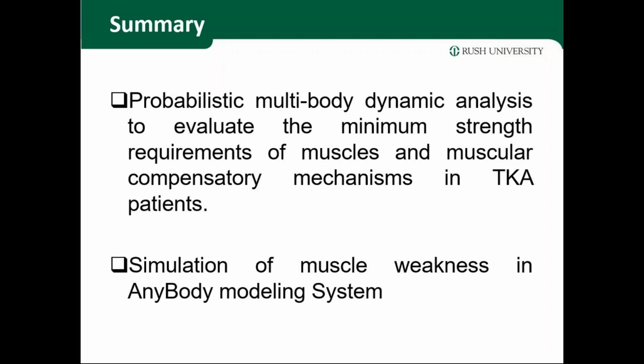And we have used the AnyBody modeling system to simulate the muscle weakness. As I explained, the mathematical equation of muscle strength in AnyBody will enable us to play with different parameters and simulate different types of muscle impairment.